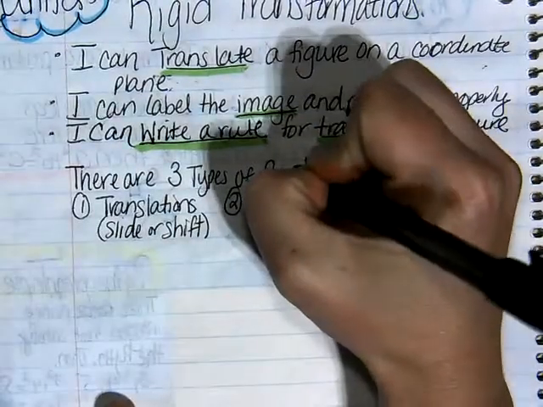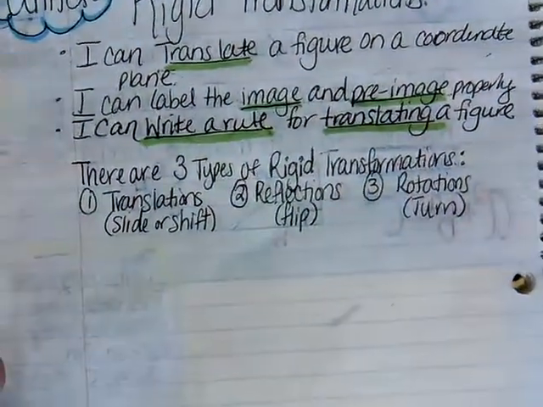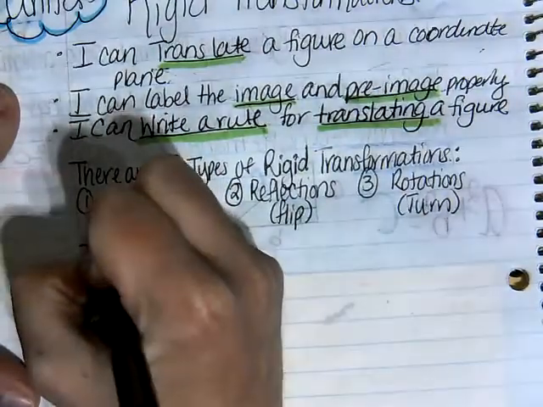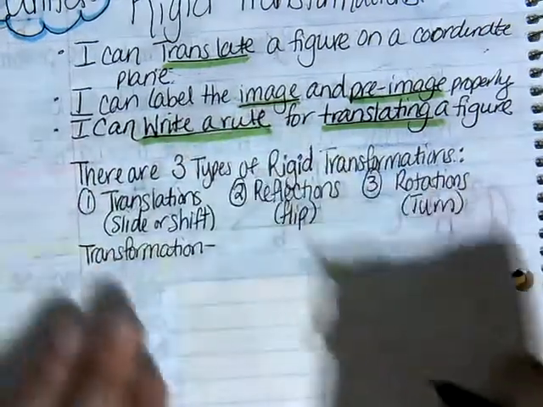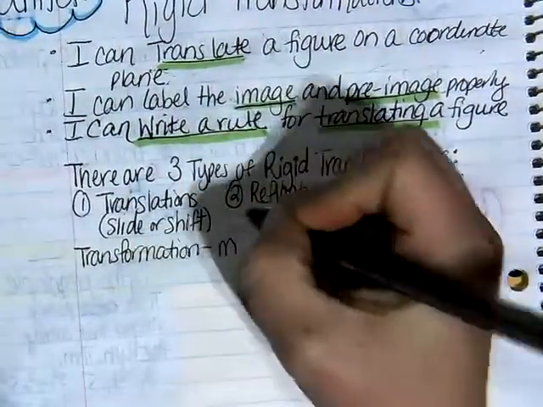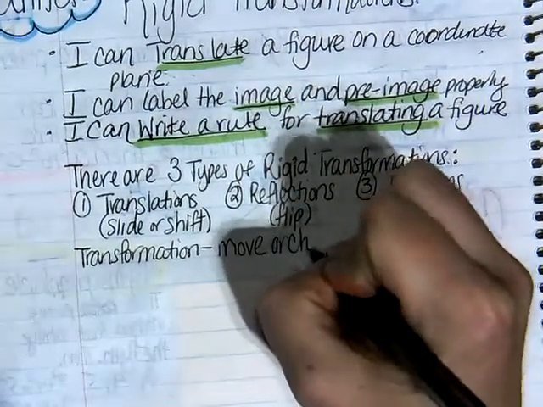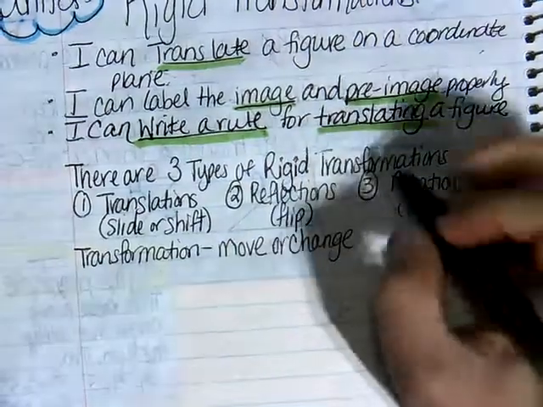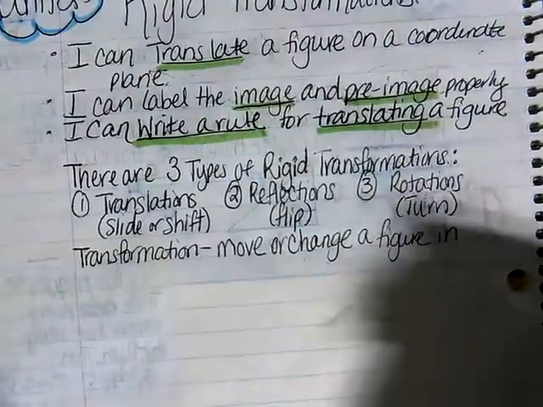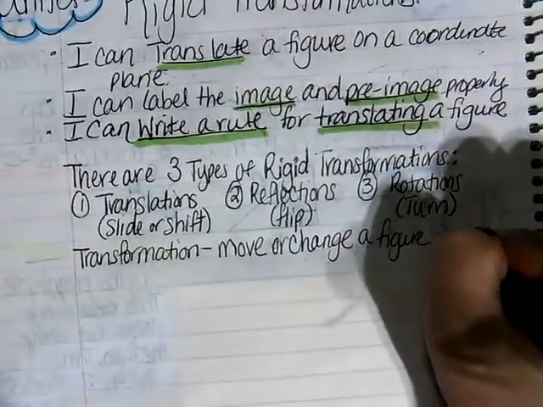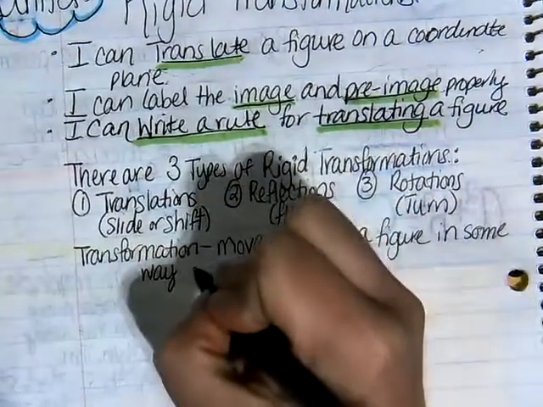So before we break apart what a rigid transformation is, let's go ahead and define what a transformation is. A transformation is simply where you move or change a figure in some way to produce a new figure.